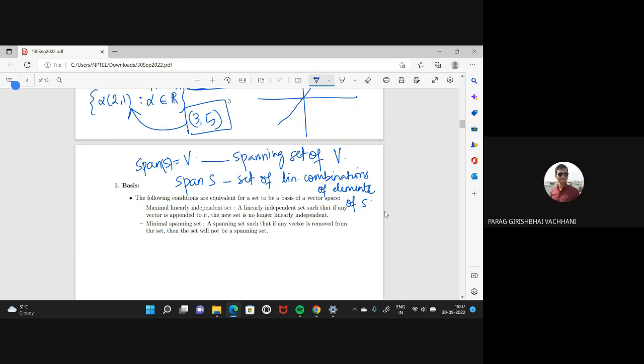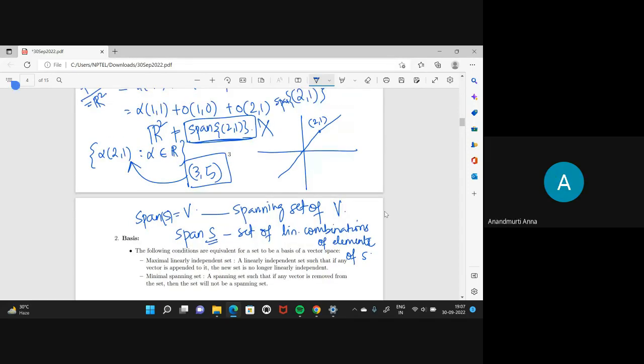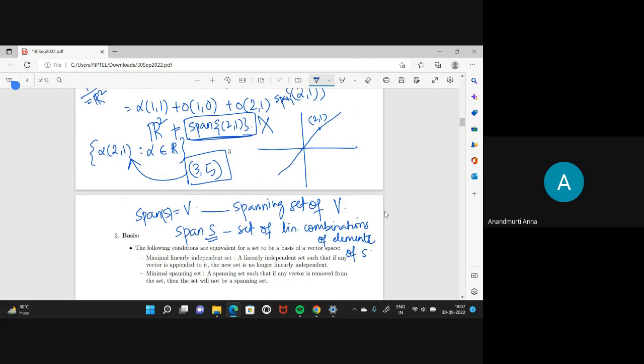That set S is said to be a spanning set if its span gives you the entire vector space. Span of S can be any subspace. So does that also imply that out of 3 or out of 4, one should be dependent, like it can be expressed in terms of the others?